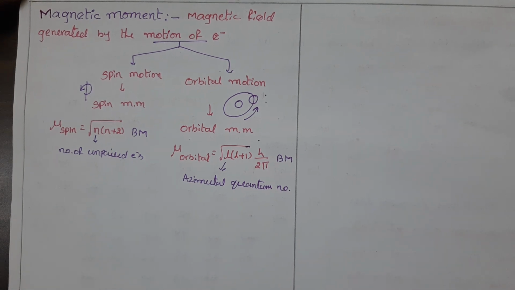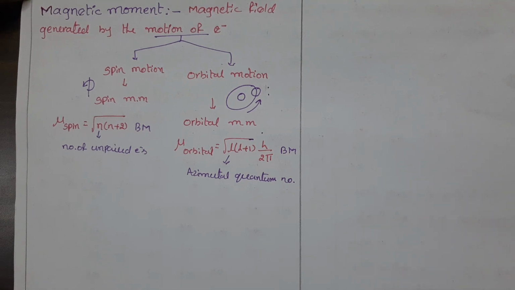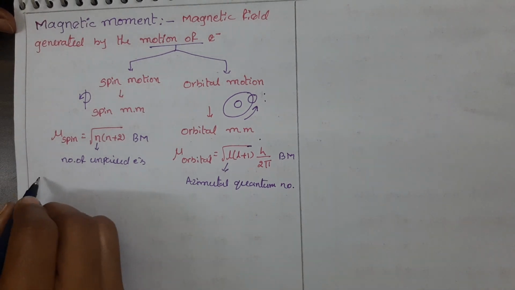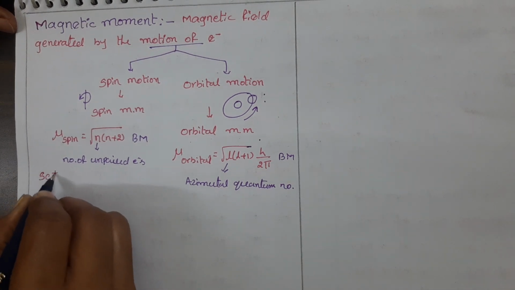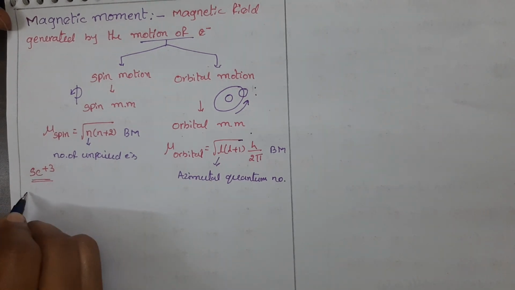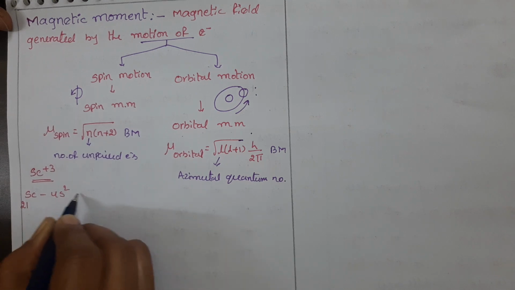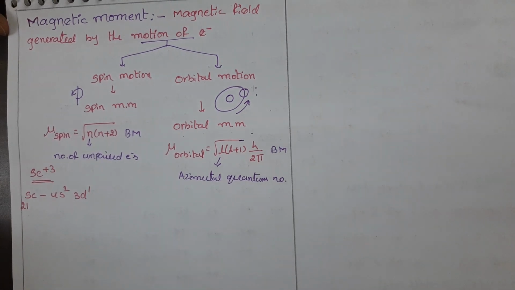Now let us see how to calculate the magnetic moment of 3d series elements. What is the first element in the 3d series? That is scandium. I am calculating the magnetic moment for scandium plus 3. Scandium's atomic number is 21 and the electronic configuration is 4s2 3d1.